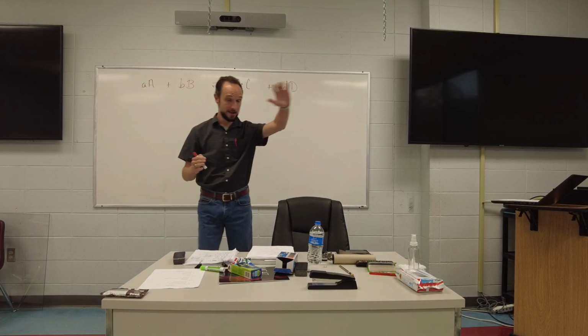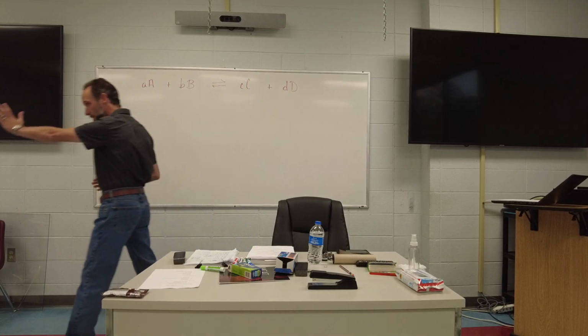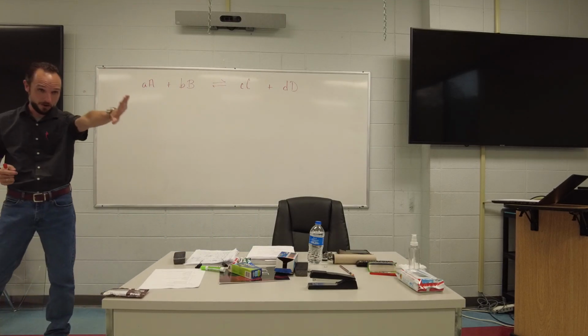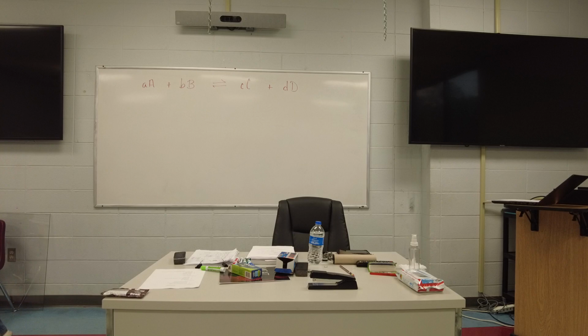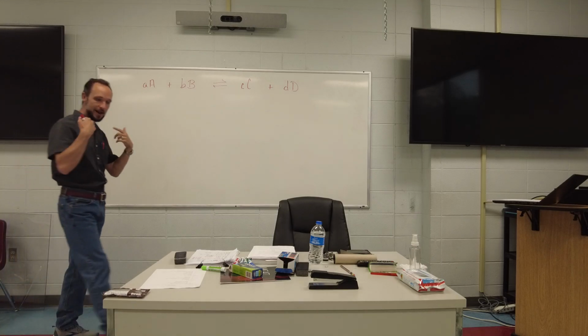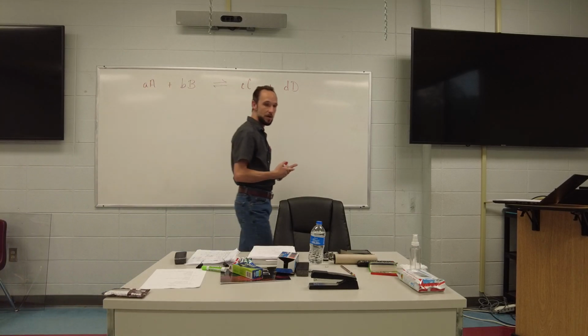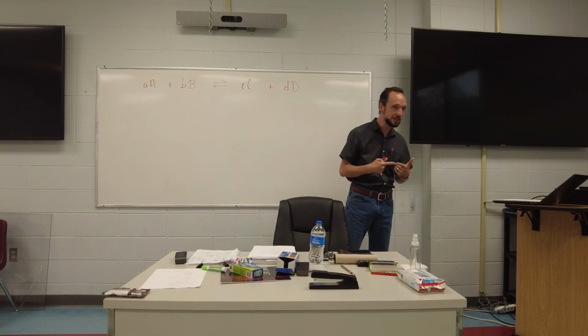Equilibrium can lie substantially either forward or backwards of the equivalence point of concentration. It's not a 50-50 split. About the only time we see that is in strong acid, strong base, where this thing goes to completion.